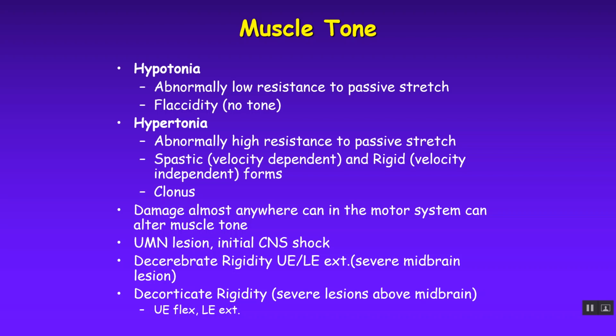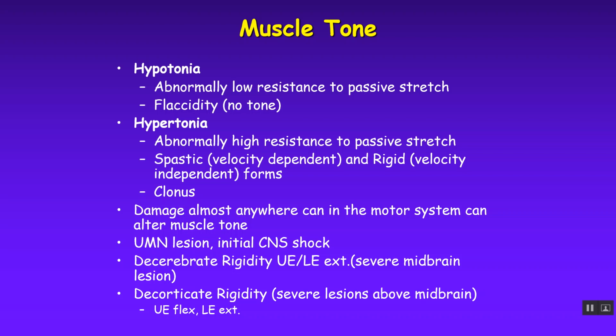The rigid form is where you lift the limb up and it feels stiff no matter how you're trying to bend or move it, and they're at rest. Even when you're doing it slowly, you feel the rigidity, or the tone that's kicking in and making it harder to move that limb.